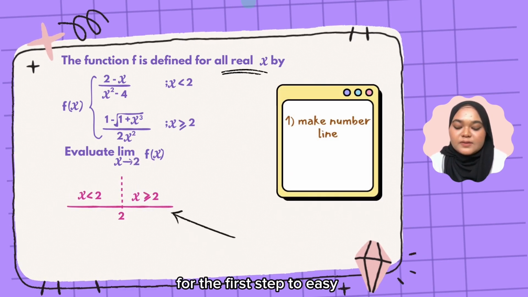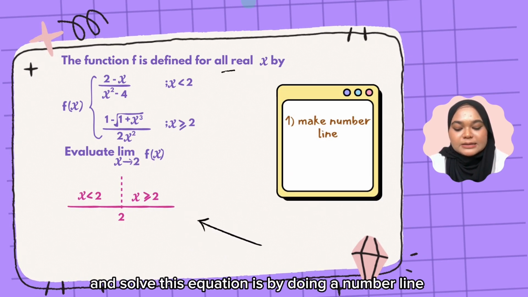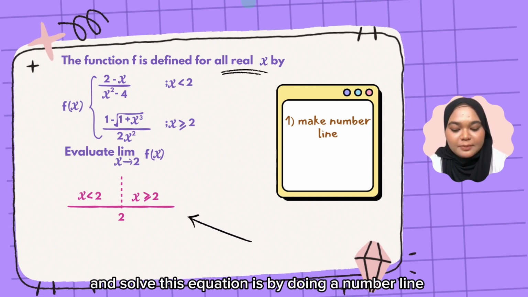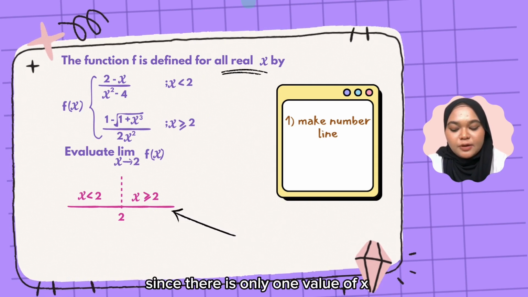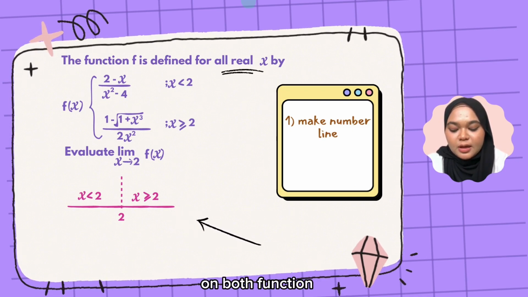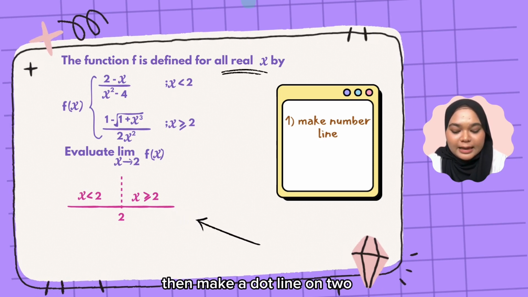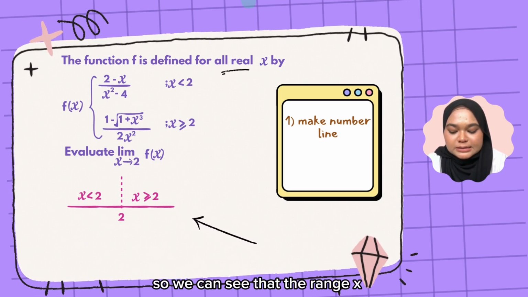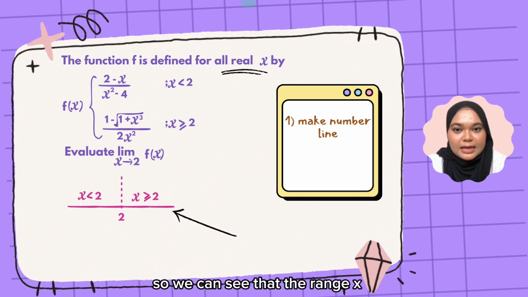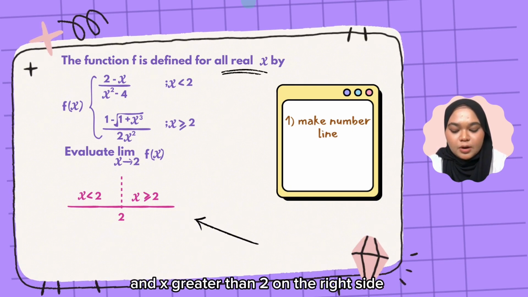For the first step, the easy way to understand and solve this question is by drawing a number line. Since there is only one value of x common to the ranges of both functions, which is x equal to 2, we can draw a number line that includes x equal to 2. Then make a dot on 2. So we can see that the range x less than 2 is on the left and x greater than 2 is on the right side.